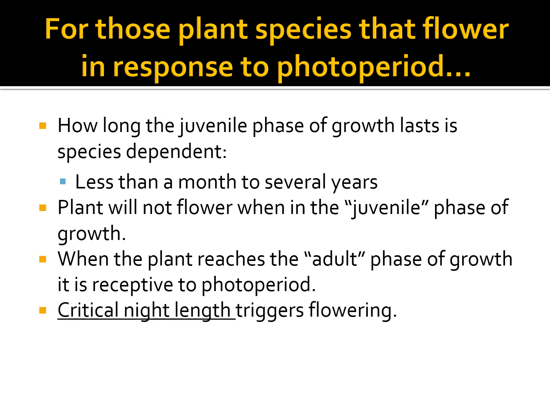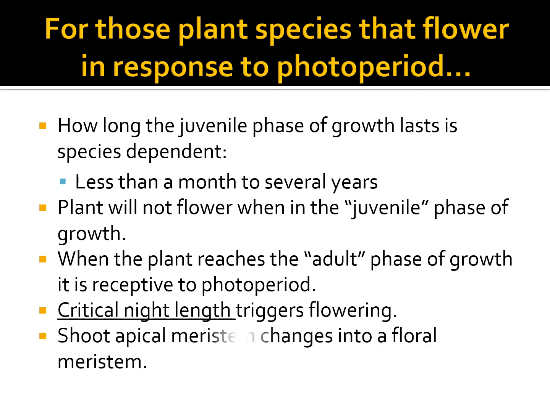And it's the critical night length that is the actual trigger. What literally happens is when the plant is exposed to a long enough dark period, or night period, the shoot apical meristem changes into a floral meristem, which in turn can develop into flowers.